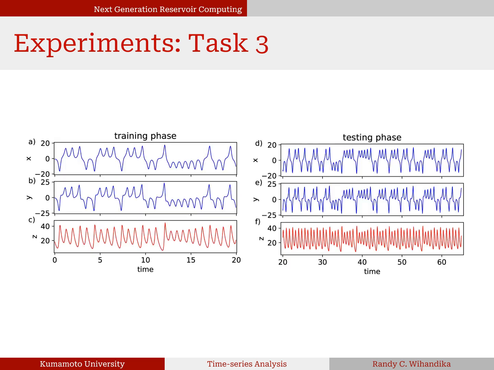Here we see the result of the last experiment. On the left side, we see the training data, and on the right side, we see the testing data. And there are three variables, x, y, and z. And we can see on figure C here, although we only see a red curve, actually because the performance is so good, we don't see any difference, where actually there are two curves right here, red curves and blue curves.